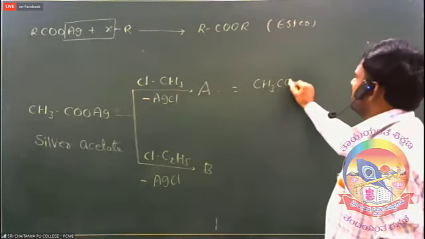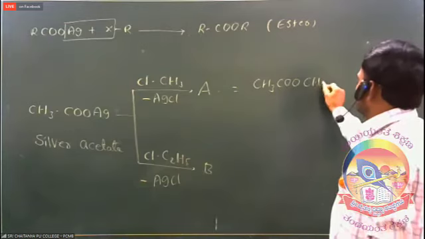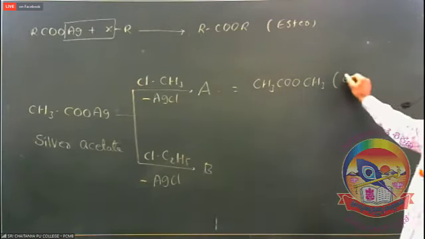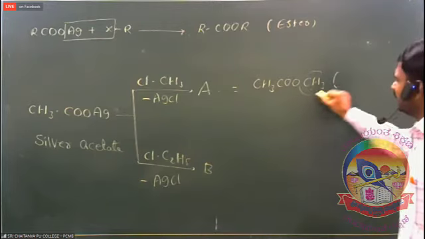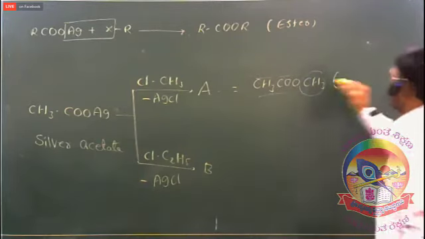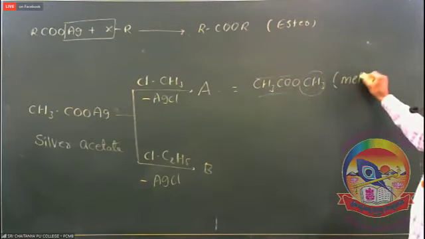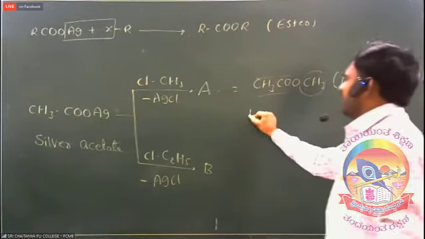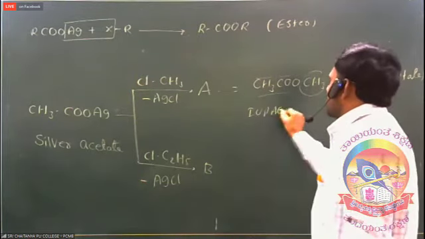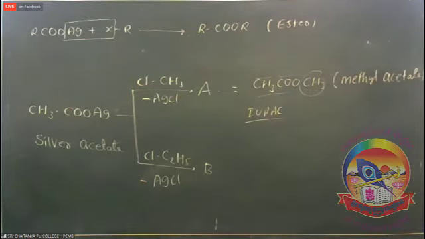Acetate CH3COO is combined with CH3. The common name is methyl acetate. But we require the IUPAC name. What is the IUPAC name of methyl acetate?